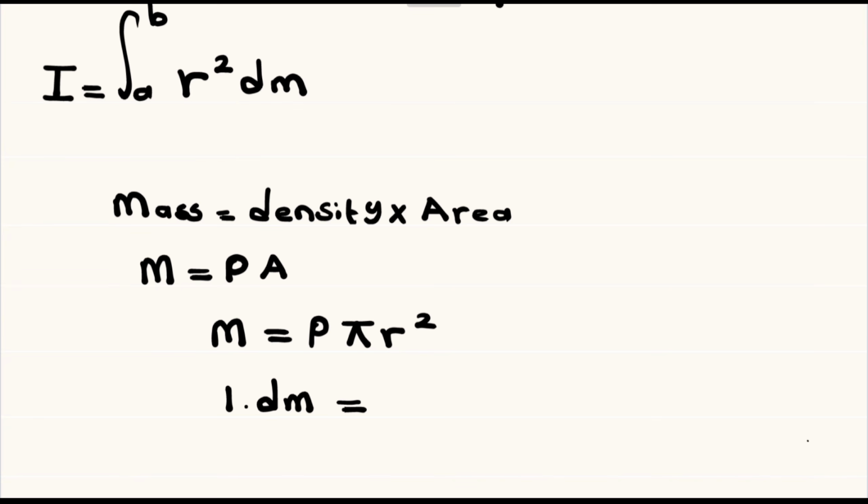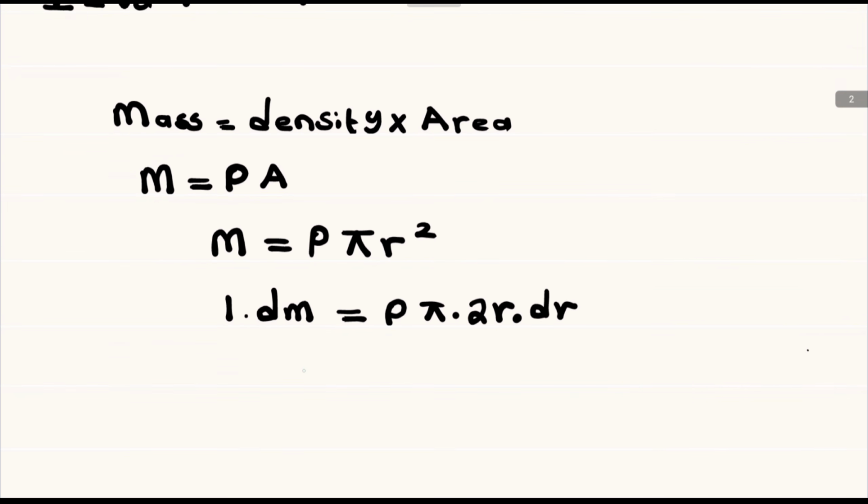This will be equal to the density multiplied by pi. The derivative of the r squared will be 2r, which we multiply with the dr to indicate that we differentiated the radius. So dm will be equal to 2 pi multiplied by the density multiplied by the radius multiplied by the dr.